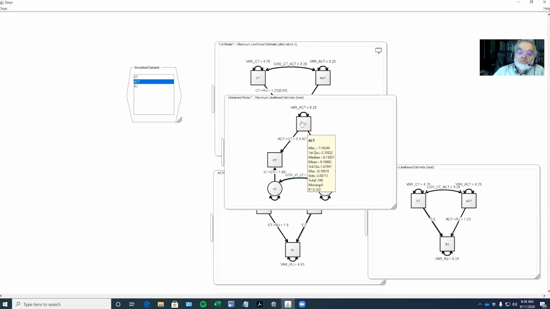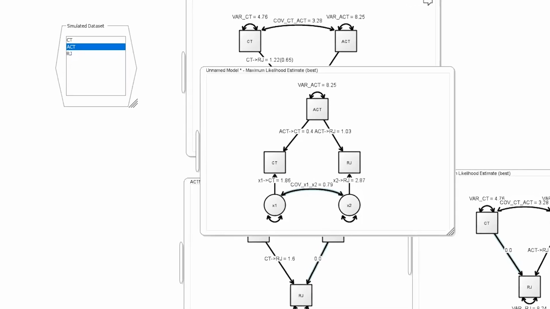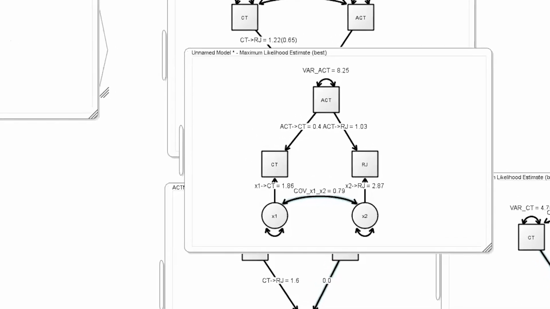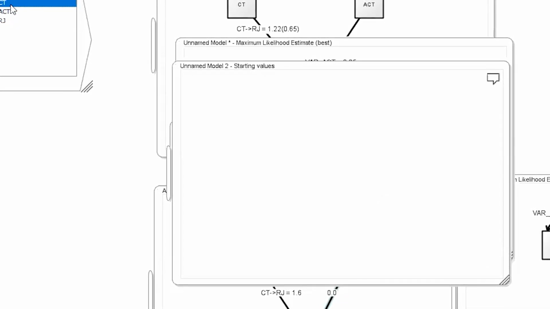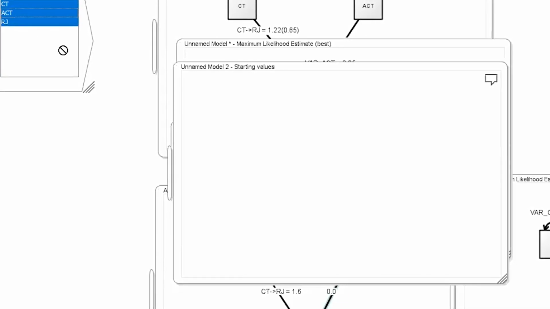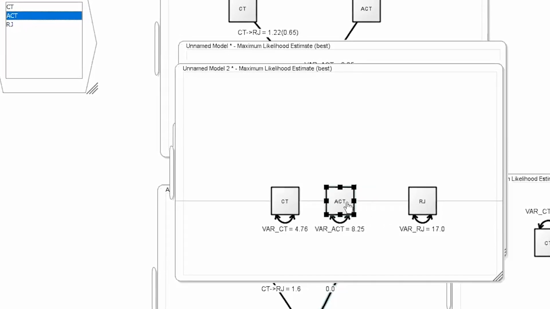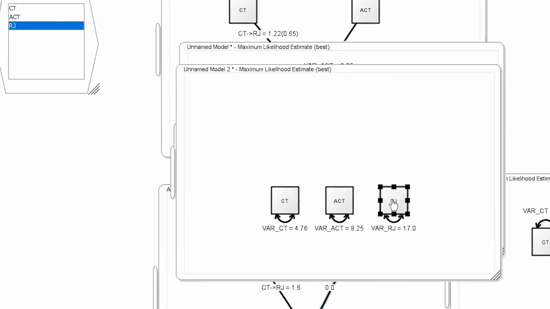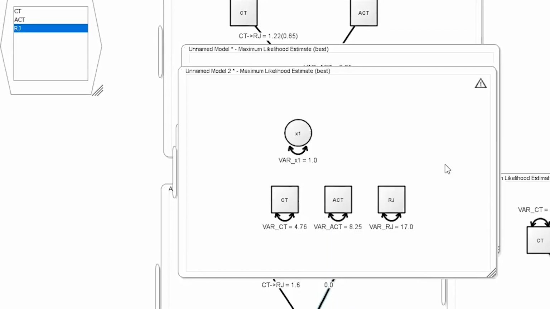And finally, let's come back and draw a factor model. Again, here's our data, and we'll drag that over here. I want to add a latent variable to this.